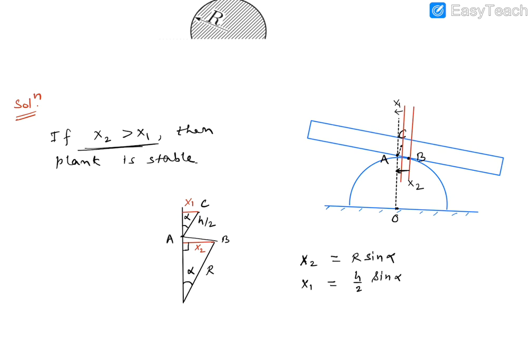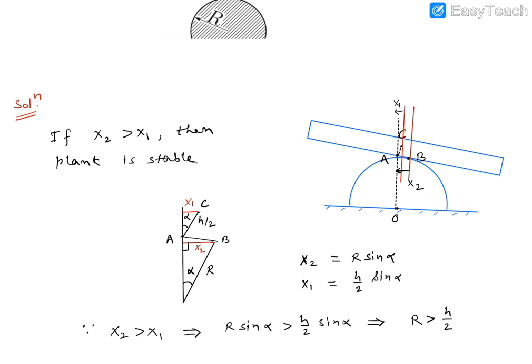Now for stability we need x2 greater than x1. So r sine alpha should be greater than h by 2 sine alpha. Alpha is a non-zero number, so we can cancel sine alpha from both sides. This indicates the condition for stable equilibrium is r is greater than h by 2.